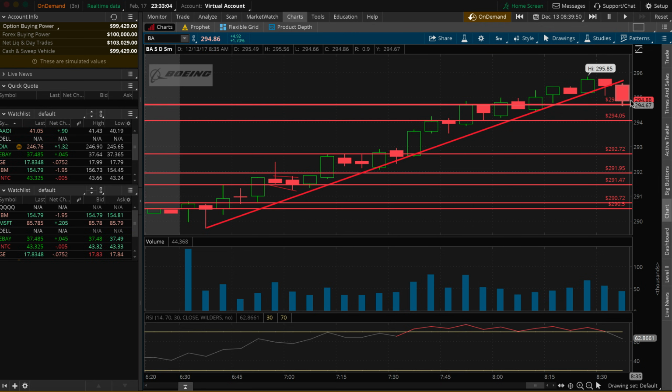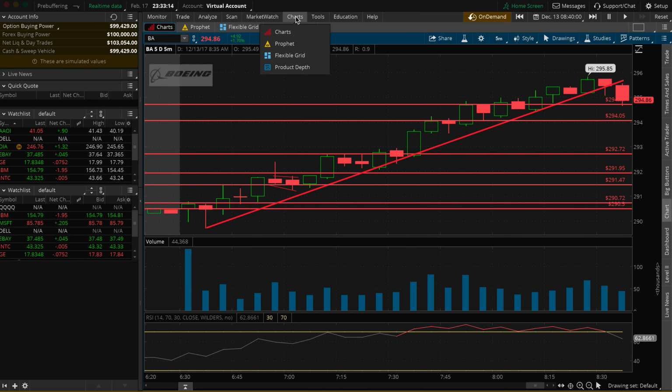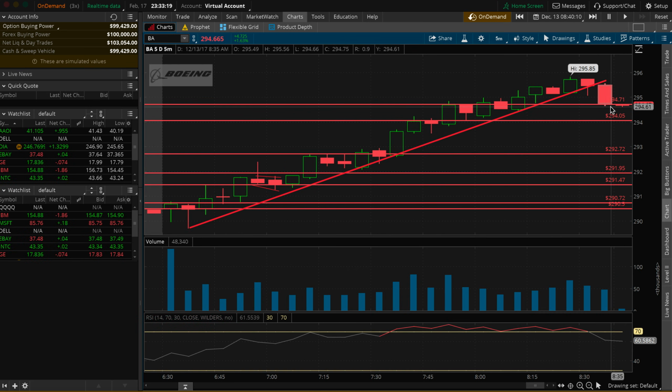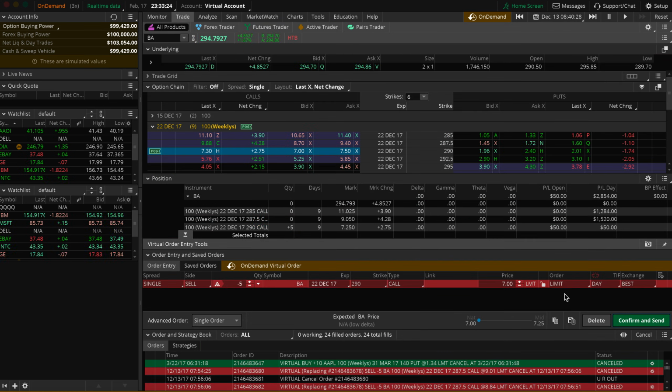It looks like any close below our trend line. So we have $50 profit right now. So let's see where it goes. Hitting our support. It just closed. So we got to get out. Sell.